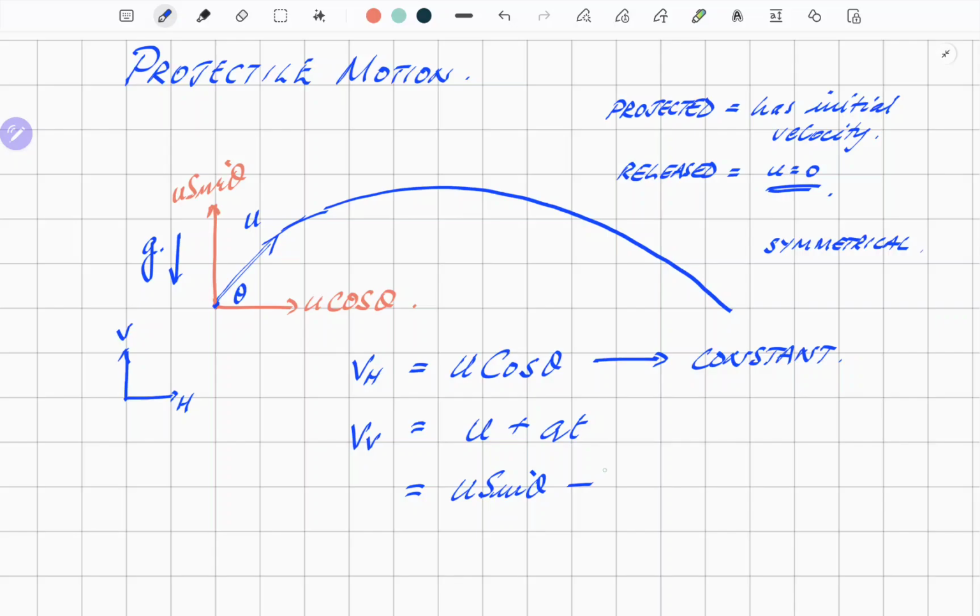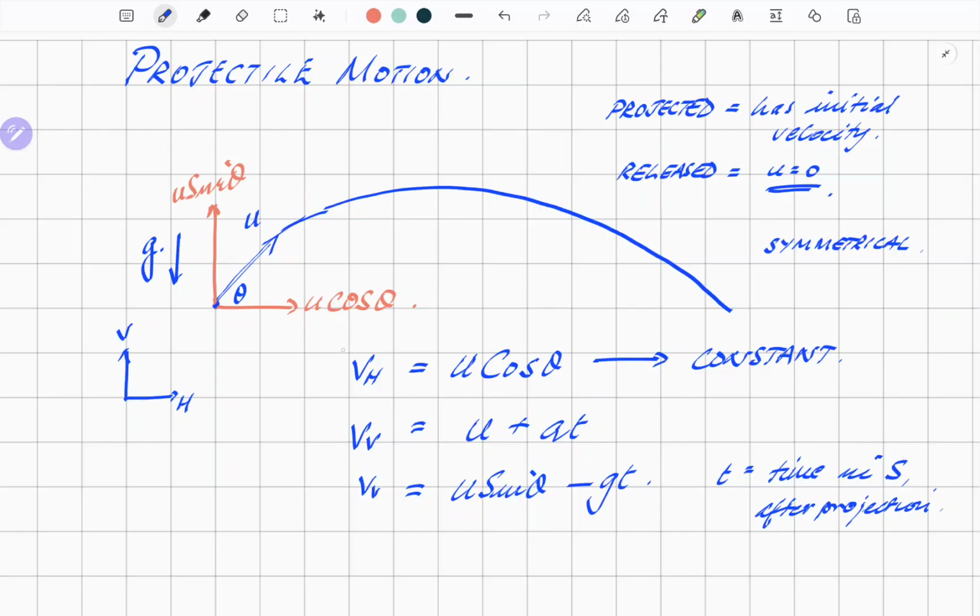So in this one, we put your acceleration is minus g and t is time. So your vertical velocity at any given time, t is time in seconds after projection. Does that make sense so far?